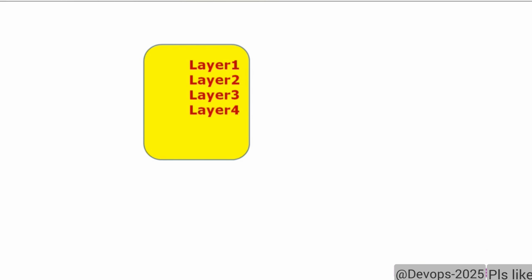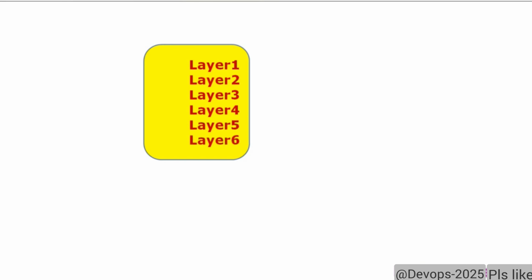For example, if you want to install multiple packages and you use the RUN instruction: RUN apt-get install git, RUN apt-get install vim, RUN apt-get install maven, RUN apt-get install java. If you used the RUN instruction 4 times separately, 4 layers will be created.